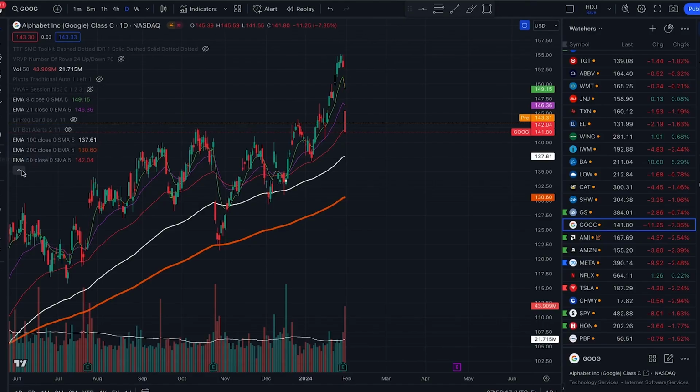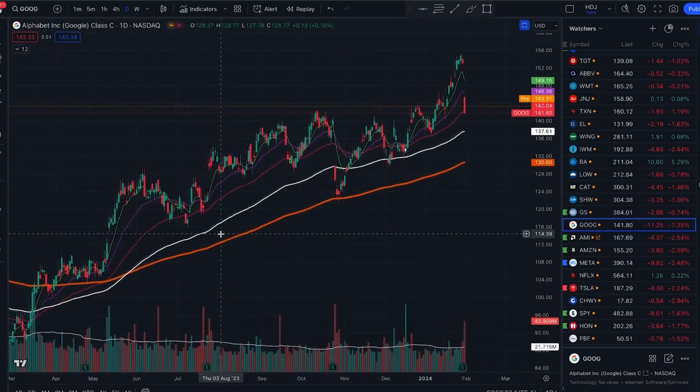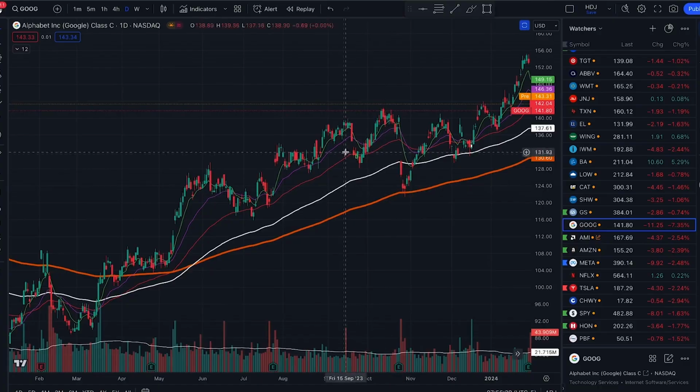Okay, so we got the 8, 21, 50, 100, and 200-day moving average up, and we've got volume. All right, so as you can see, look at the price action. It came down and did what? Bounced off the 200 moving average. Here, bounced off the 200 moving average.